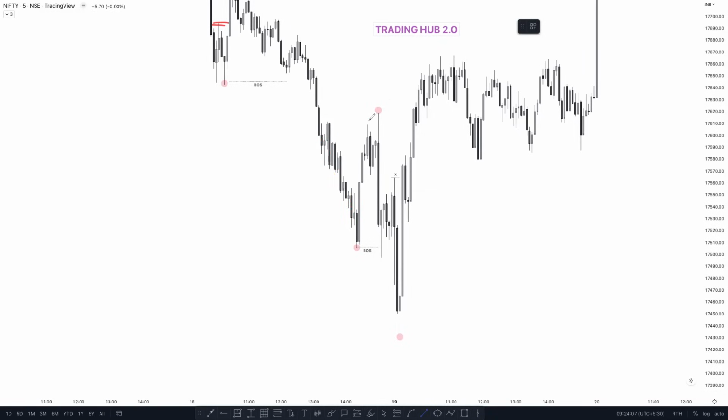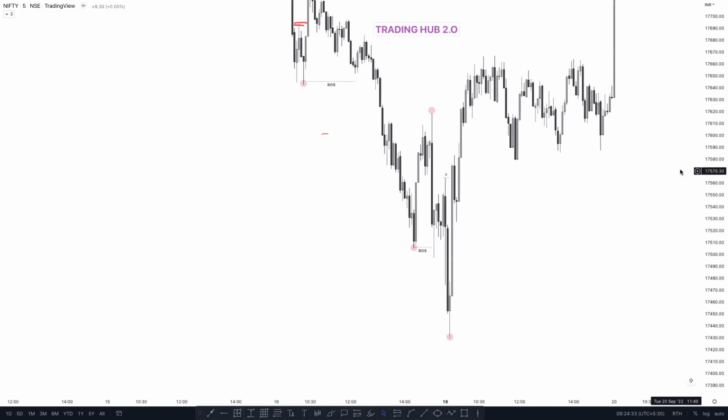Okay. Then it continued pushing downside, right? And this slightly broke here also, so we can also mark this as an inducement. So this is our inducement, and after taking out the inducement, we can sell, right? This one is our break of structure, and this is a confirmation.